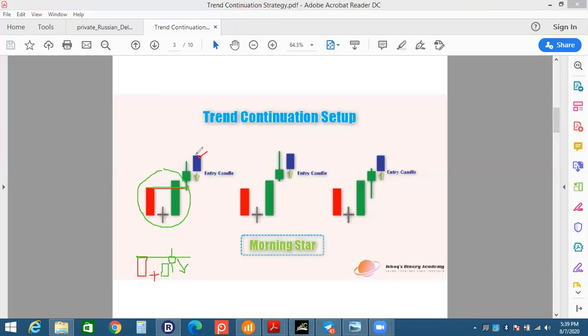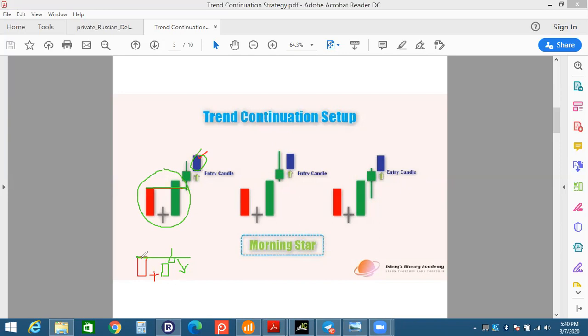The next candle will go up. But if the morning star is like this one, and it's not crossing the red one, then the next candlestick will go down because that is now a resistance.